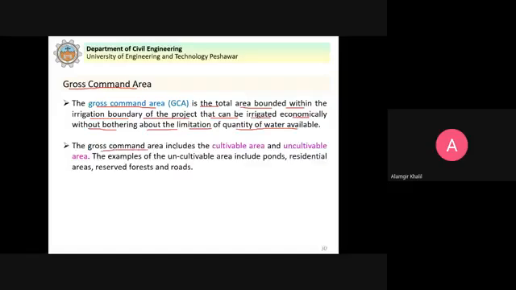The gross command area includes the cultivable area that can be cultivated and uncultivable area.